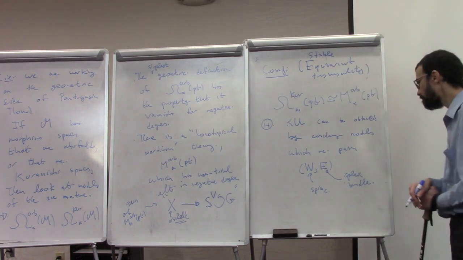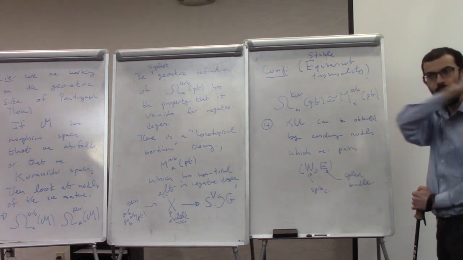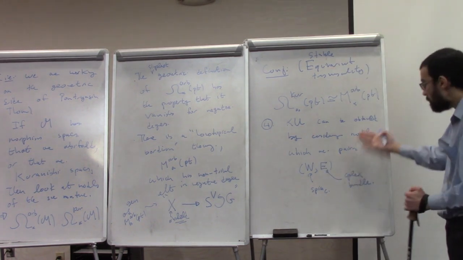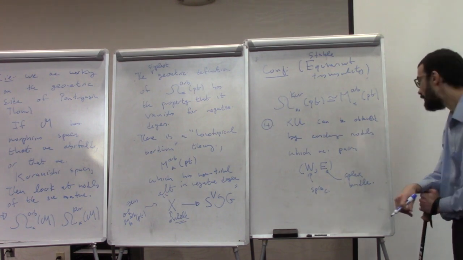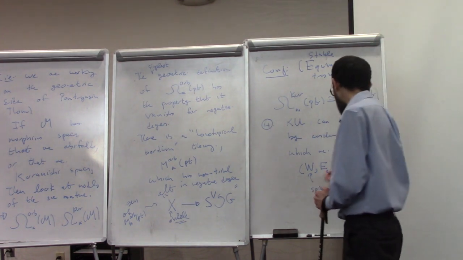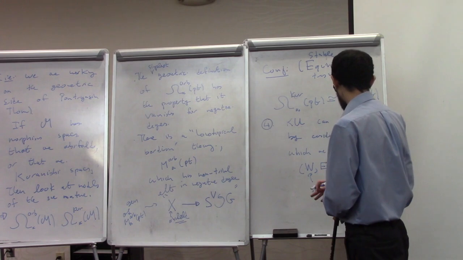The W is going to behave just like before. The complex vector bundle is just going to be carried along for the ride.